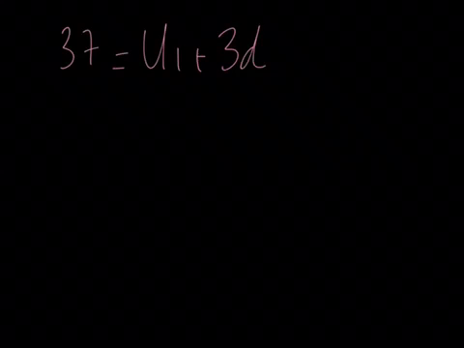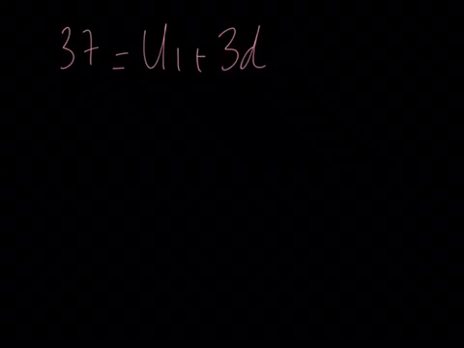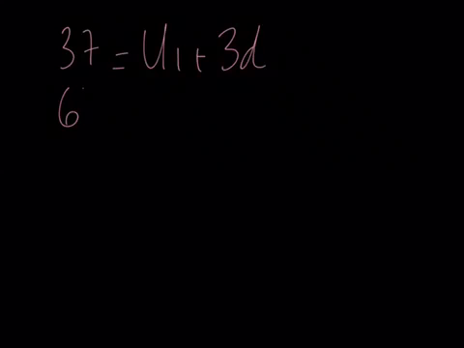So U4 is 37, so this gives me 37 is equal to U1 plus 3d, and then U10 is 67, so 67 is equal to U1 plus 9d. And as you can see, what I have here is two equations, two unknowns, so I'm in good shape.